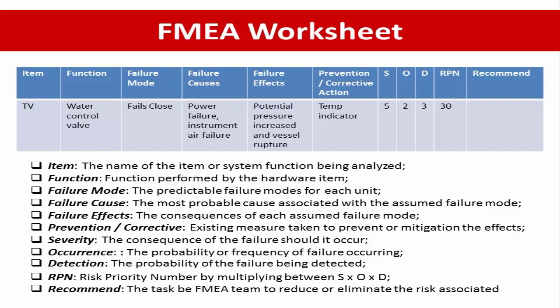Risk priority number, or RPN: by multiplying the ranking of the three factors above, meaning multiplying severity, occurrence, and detection, for prioritizing the risks. Recommendation: the task of the FMEA team to reduce or eliminate the risks associated with the potential cause of failure.